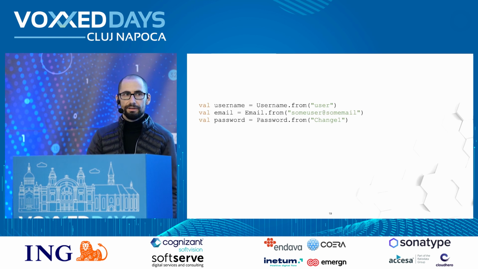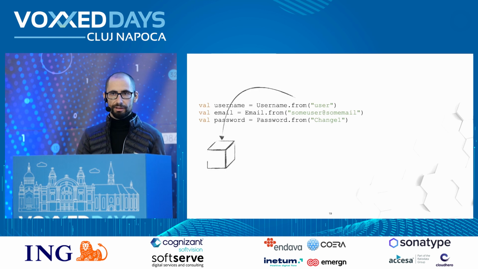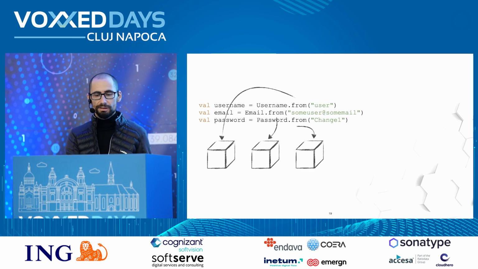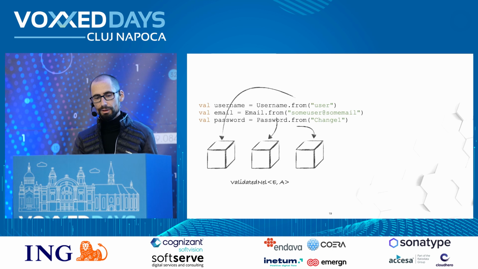What happens here is that instead of getting back the actual type, we're getting back a box for the username, for the email, and for the password as well. And each of these boxes is of type ValidatedNel of E and A, E being the failure and A being username, email, and password.